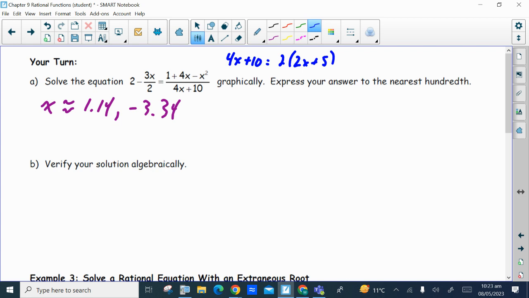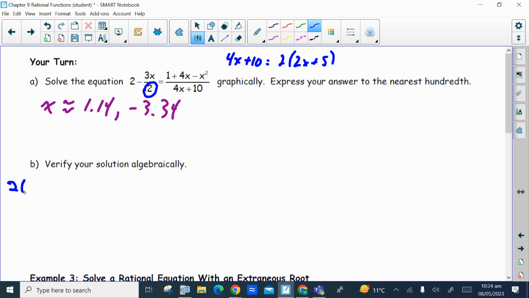Our common denominator must contain the factors of all the denominators. So the fact that we have a factor of 2 for the denominator 4x plus 10 means that when we write that as our common denominator, that'll take care of that other denominator of 2. Our common denominator is 2 bracket 2x plus 5.